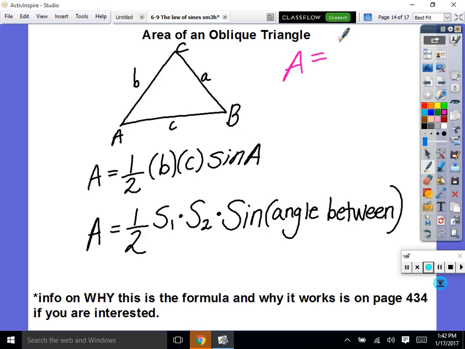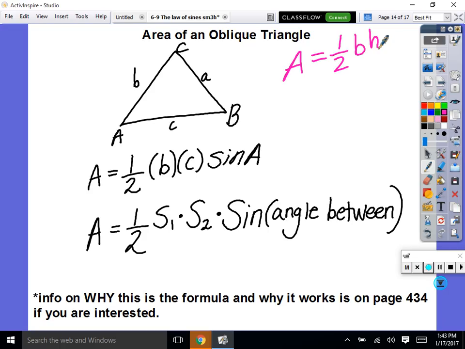So the area of a right triangle, I just want to remind you, is 1/2 times base times height, right? Okay, perfect. So now we're dealing with non-right triangles. So you'll do 1/2 times side b times side c times sine of angle A. I don't love that formula only because people get too caught up in what it's saying. So understand, it's 1/2 times side 1 times side 2 times the sine of the angle between those sides.